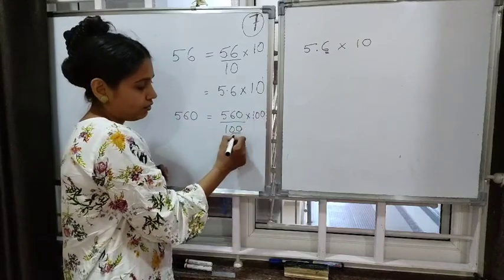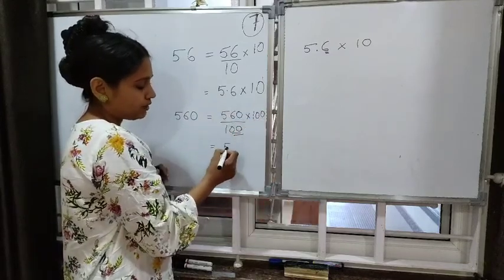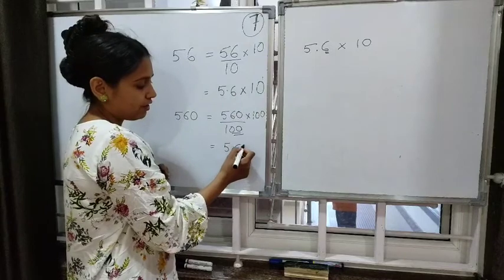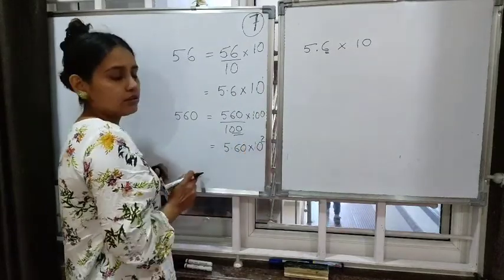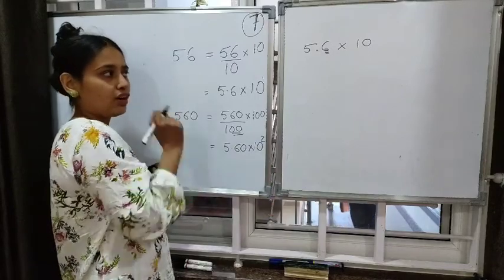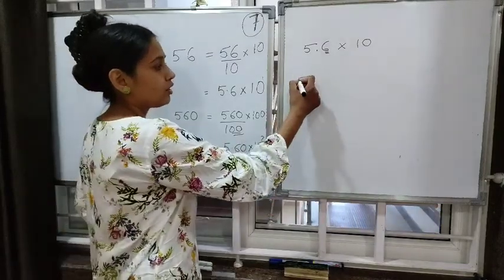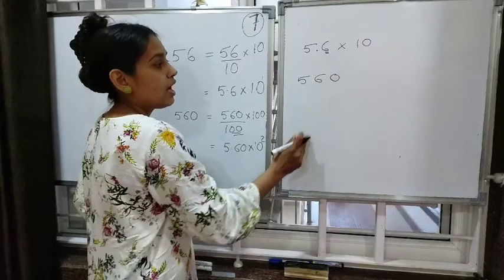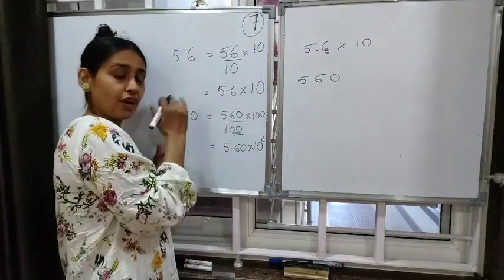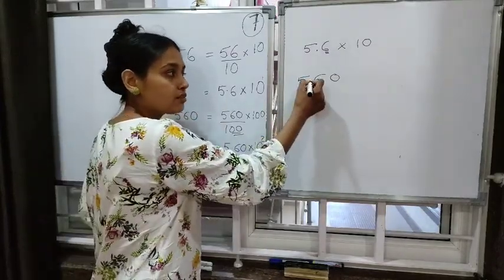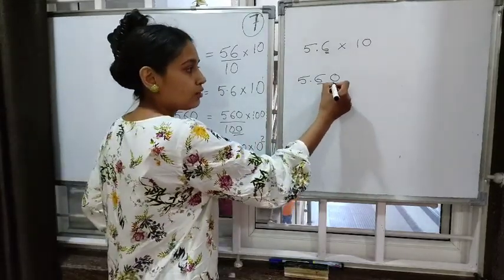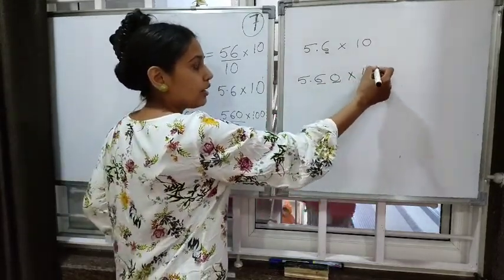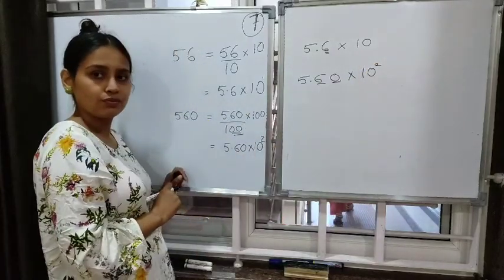Now put the decimal, two places from the right side, 5.60, and this becomes 10 raised to 2. So what did we do? We wrote the number. After the first number from the left side, we put the decimal. We count the number of places, 1, 2. 10 to the power 2.